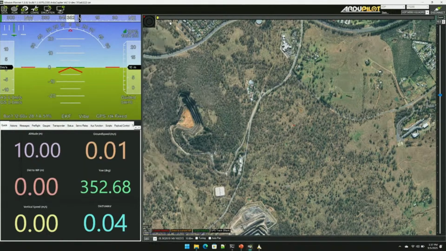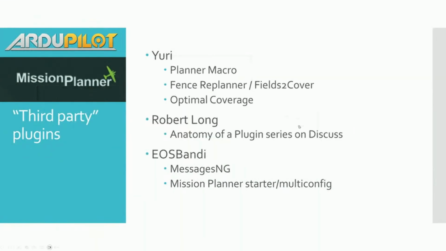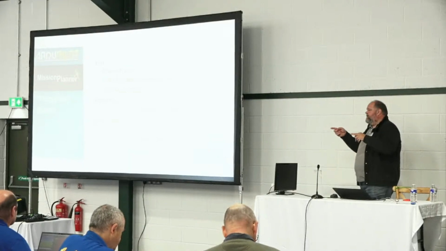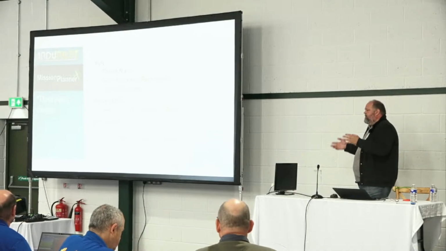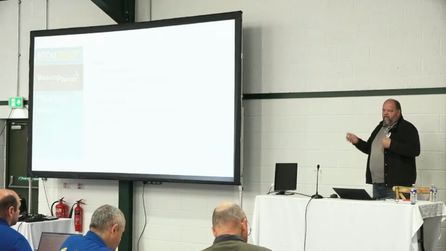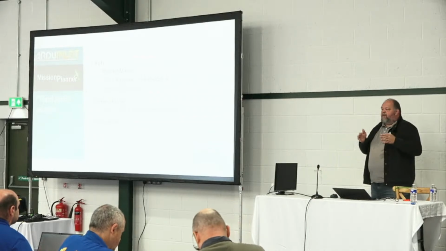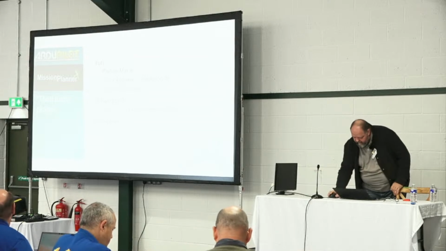Okay, and one more thing is the Mission Planner starter, or multi-configuration. So perhaps you know that you can start Mission Planner with a command line argument to use a separate config XML, which is basically everything that you configure in Mission Planner is stored in the config XML file. And often a request is, okay, I have 4 vehicles, each of them requires a different configuration.